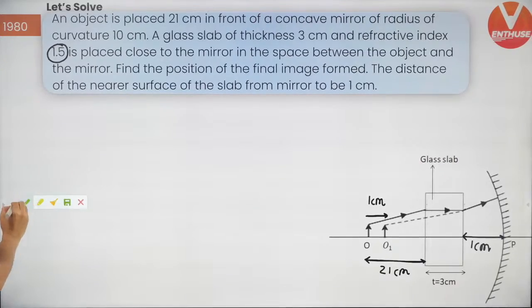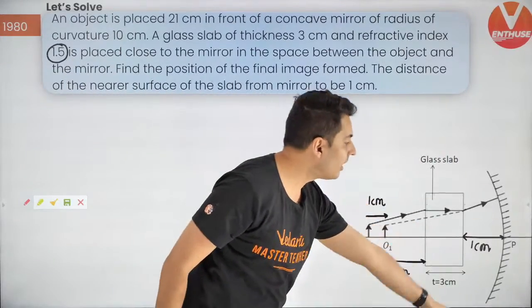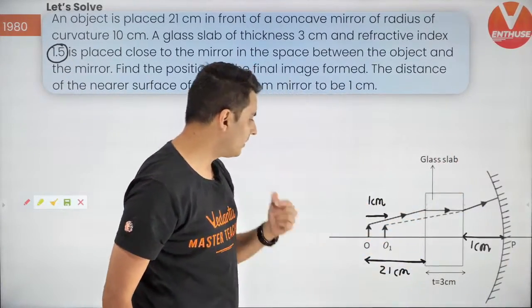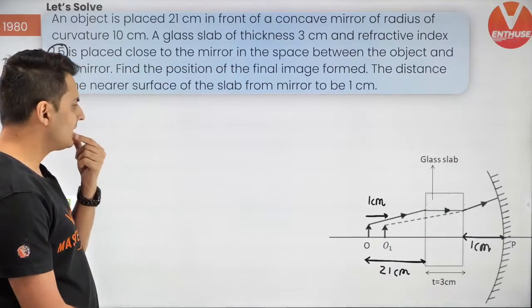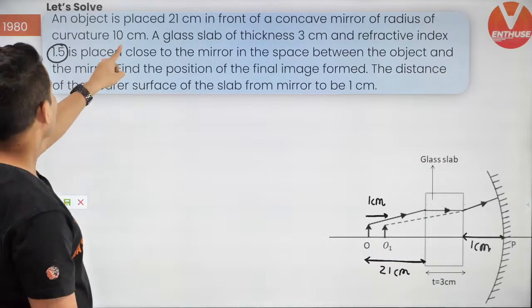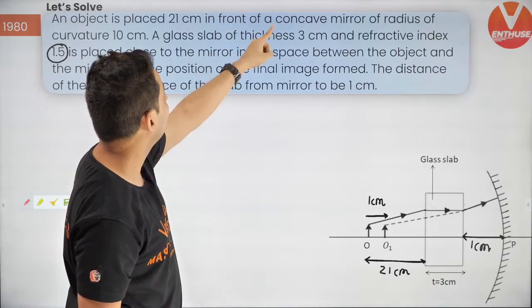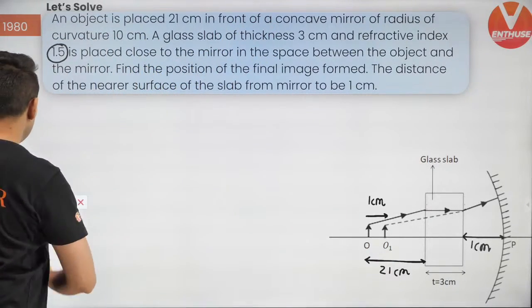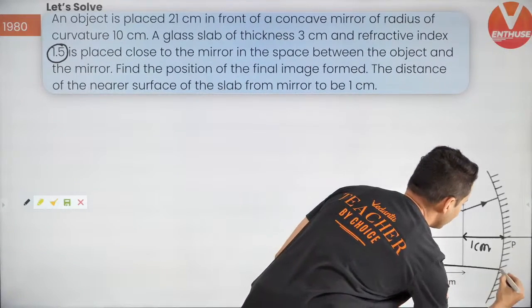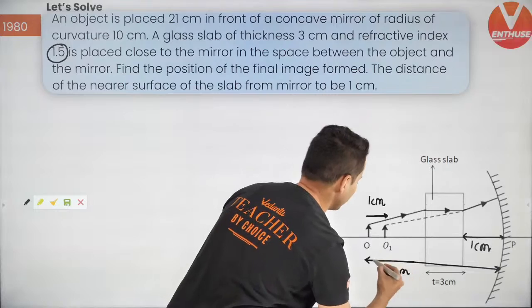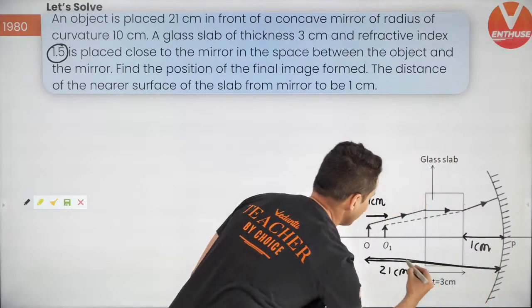let's use the mirror formula. Now for the mirror, where exactly, oh, one second, the 21 centimeters in front of the concave mirror. So this is not 21, guys. I think this whole thing is 21. This whole thing is 21 in front of the concave mirror.